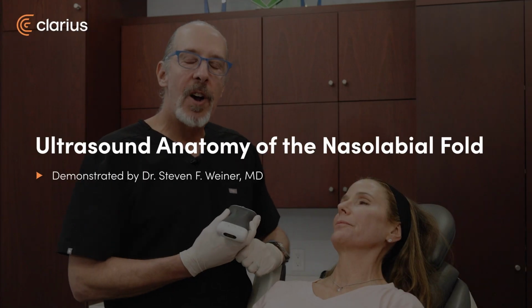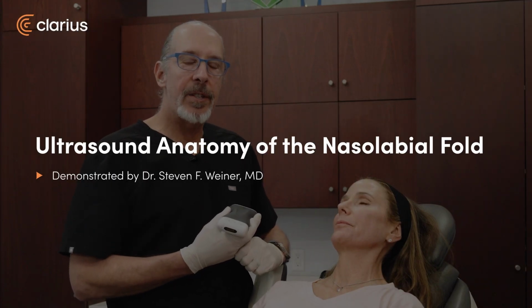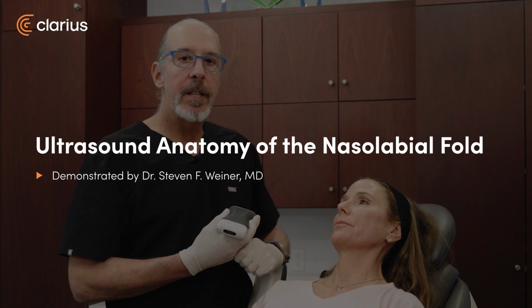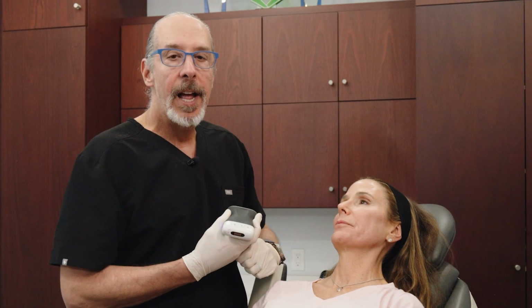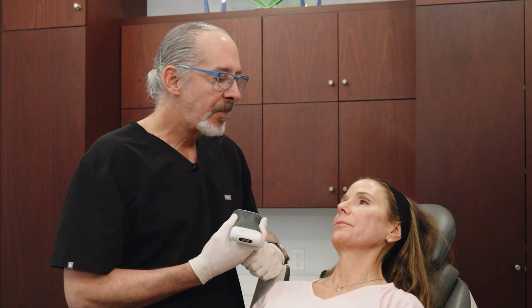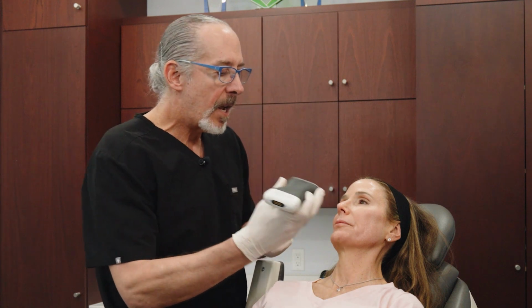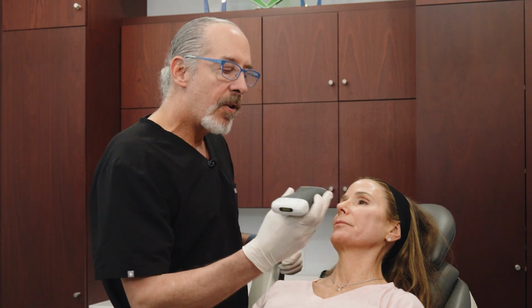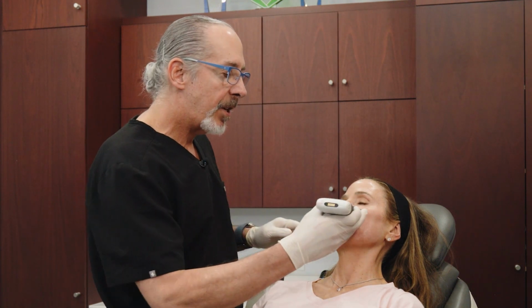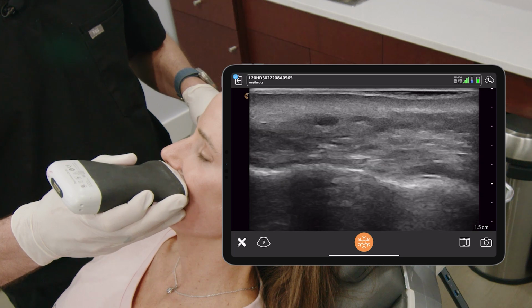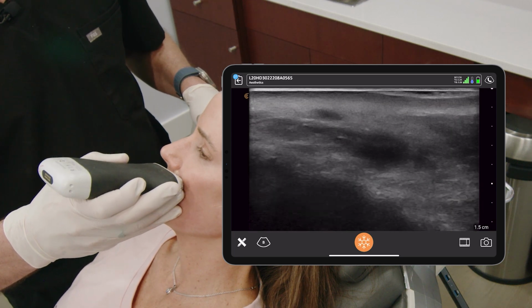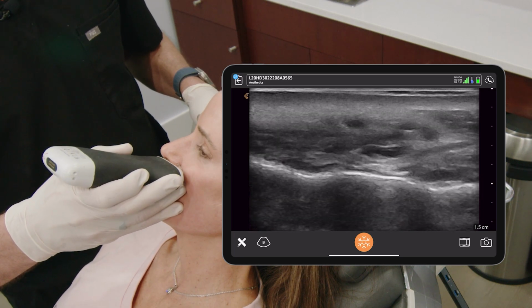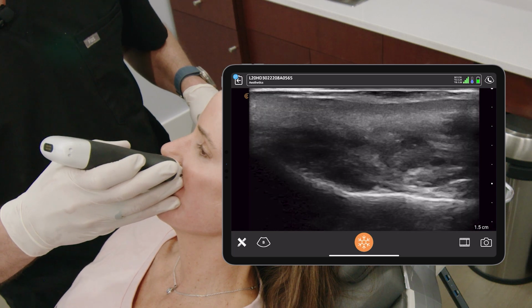So this is Dr. Steve Weiner. The next area we're examining is the nasolabial fold, the angular artery, and the deep piriform space. I like to examine it this way, horizontally. Remember the notch to the patient's right. What we're looking for here is basically the angular artery.